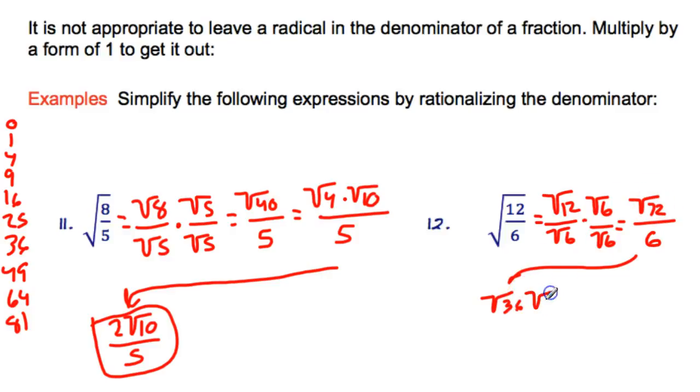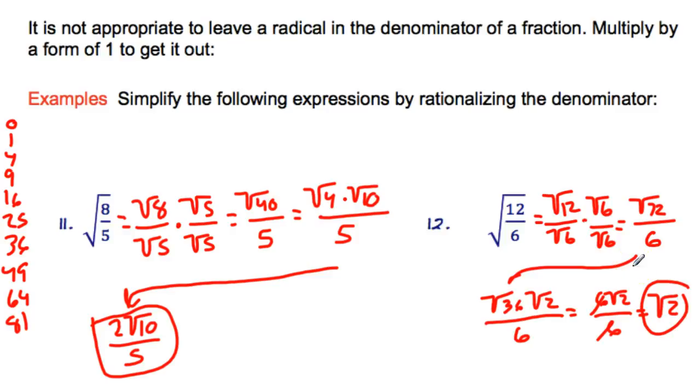So times radical 2 divided by 6. Square root of 36 is 6, so 6 radical 2 over 6. Oh, look, the 6 and the 6 cancel, right? So you're left with radical 2. And that is the answer.